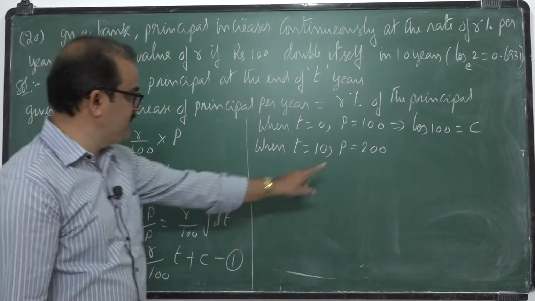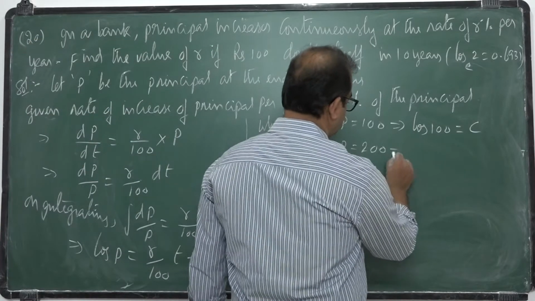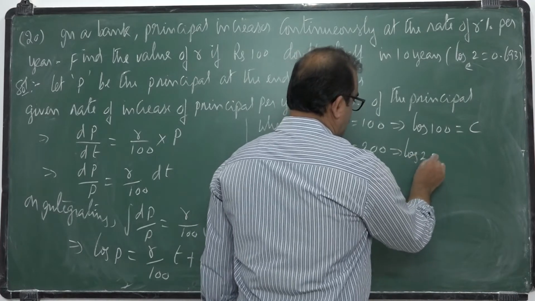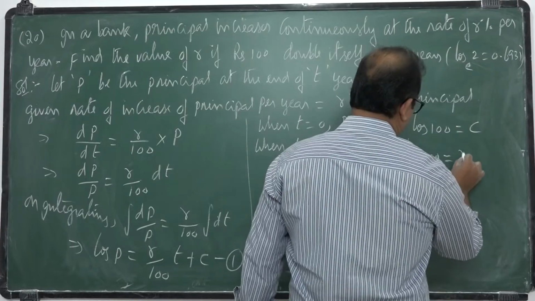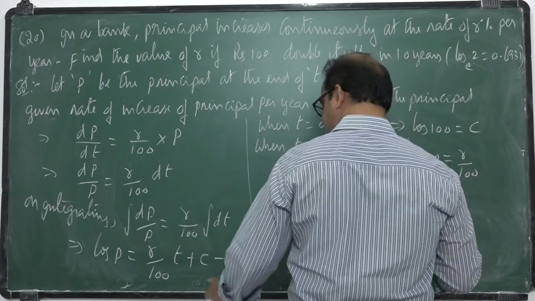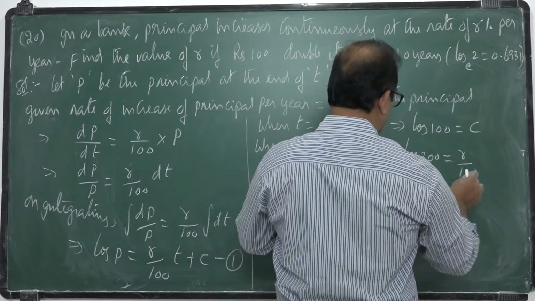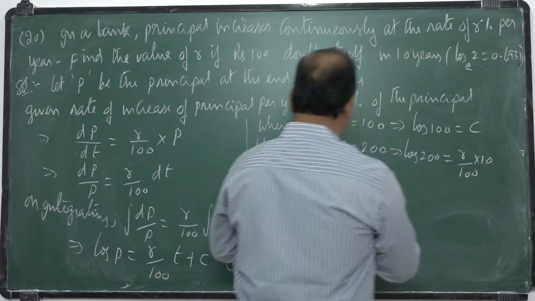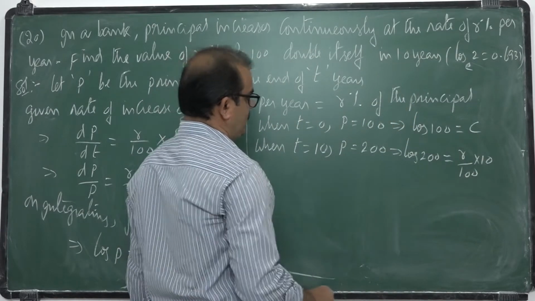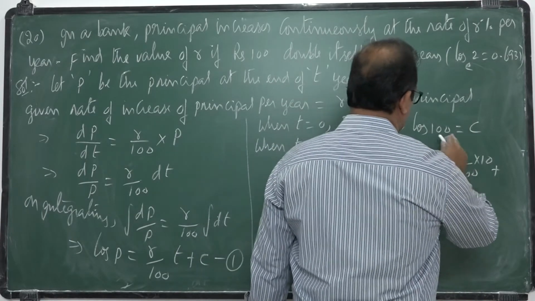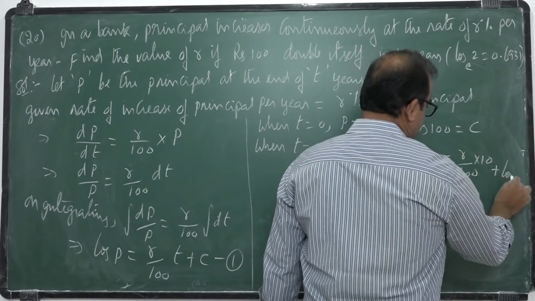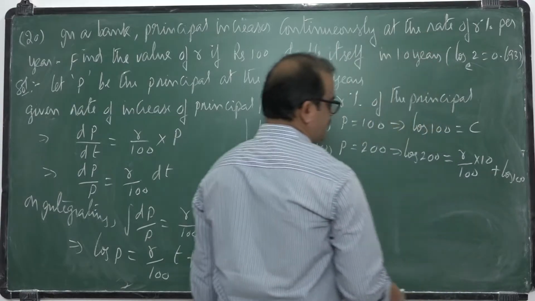Log P, P is 200. Log of 200 is equal to r by 100 into T. What is T value? T value is 10. Plus C. Already we found C value. C value is log of 100.